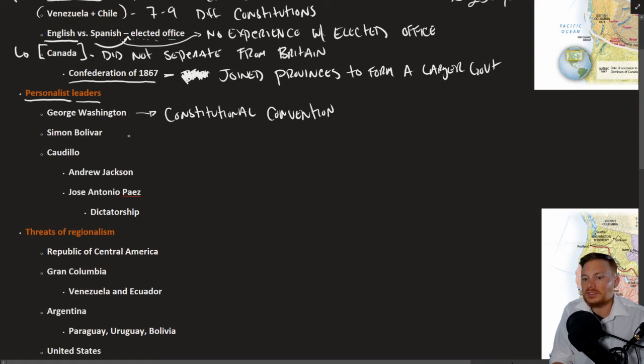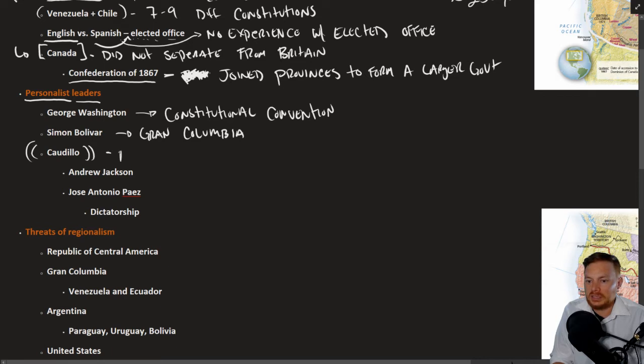Very similarly, Simón Bolívar was not only successful in defeating the Spanish, but for a time period was able to keep a lot of factions and fighting forces together in creating Gran Colombia. But oftentimes these military men turned sort of dictatorial were referred to as caudillos.